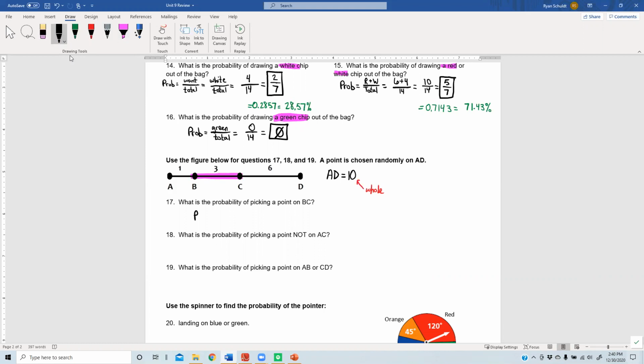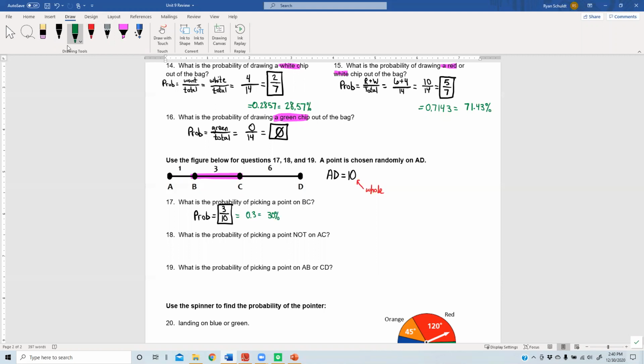So the probability would be 3 over 10. BC over the total, 3 over 10. That's all there is to it. BC is 3, the whole thing is 10, so 3 over 10. Again, note that you can put this as 0.3, or you could also say this is 30%.